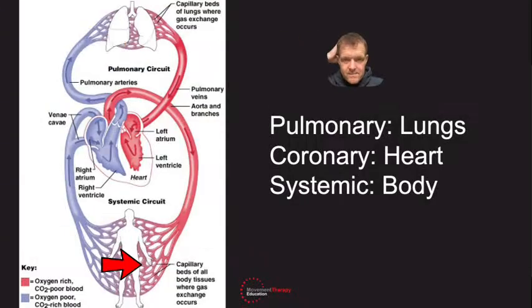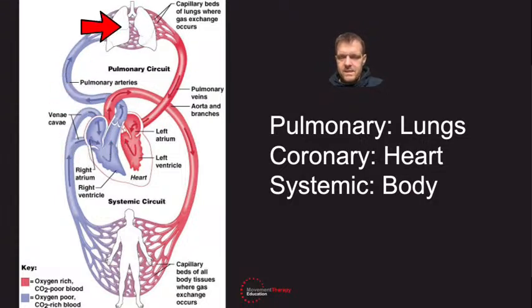So I talked about this a little bit last week, about there being two circulatory systems, or two main ones to do with the heart. So we've got the pulmonary system. Anything to do with the pulmonary system is the circuit to do with the lungs.